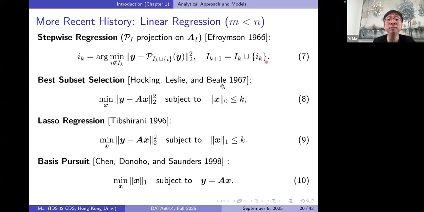In the 1960s, people started to be interested in these problems. And in the 1990s, people said the L0 norm is very hard to solve because you have to find the support of X. How many possibilities? If X is n-dimensional and K entries are non-zero, that's n choose K.